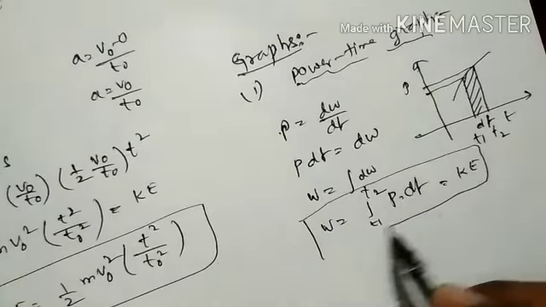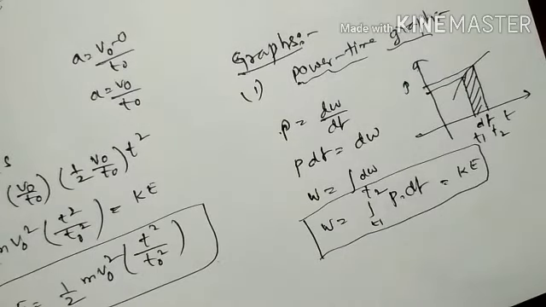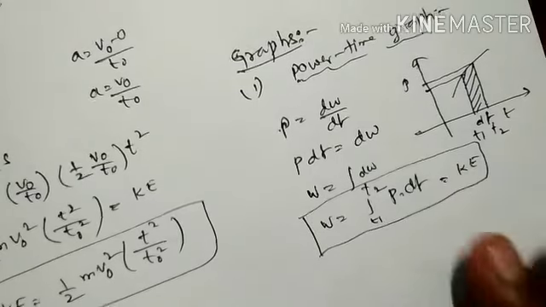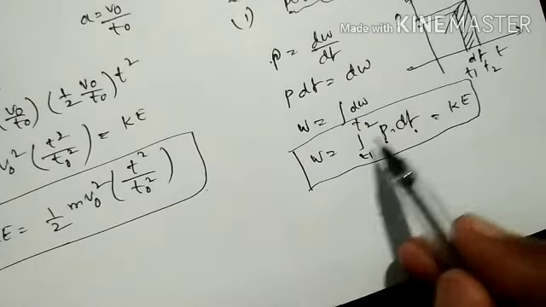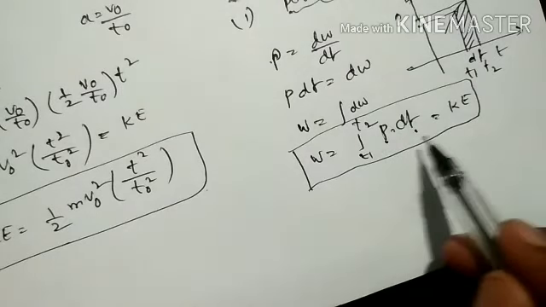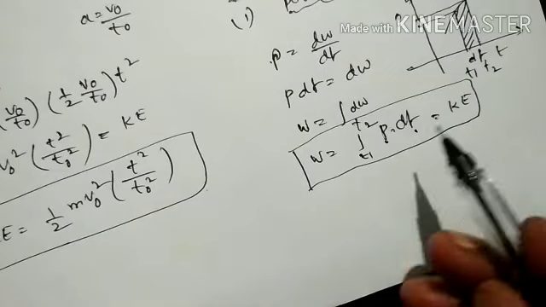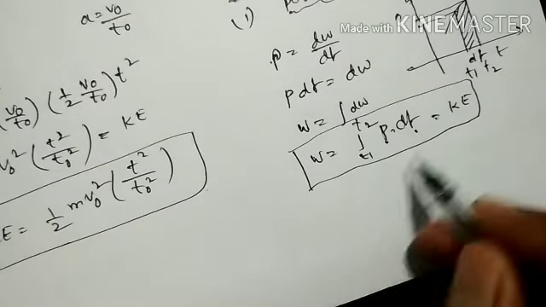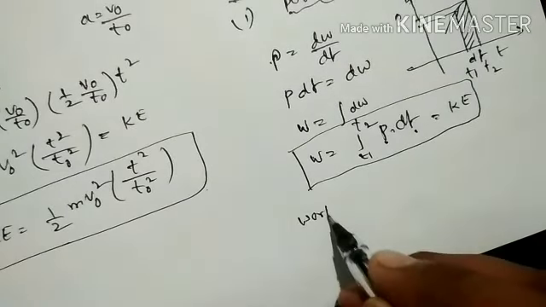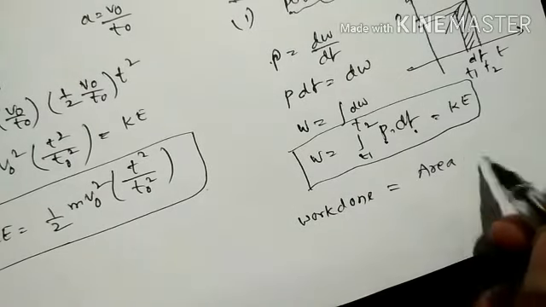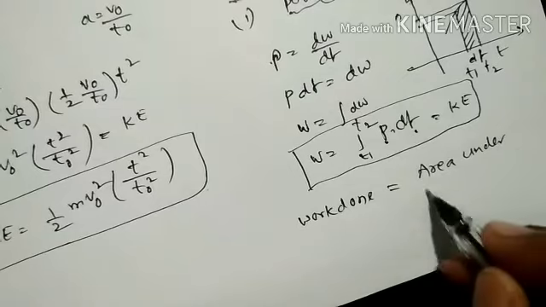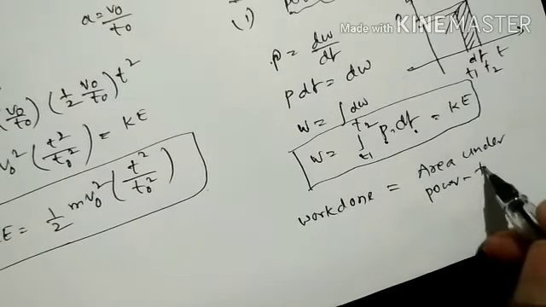Just try to understand this relation. It will be very easy for you to solve the problem. So if you understand integral y dx, what does it represent? Integration of y dx. Y is a function of x and dx is a variable. So here it denotes the area. So work done is equal to area under the power time graph.